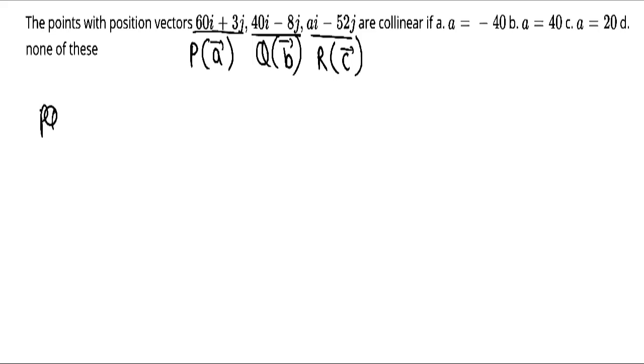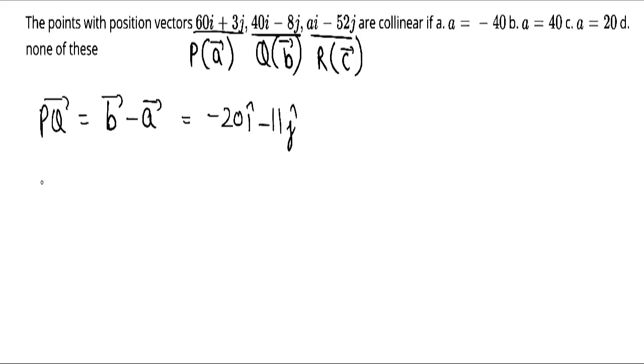So PQ vector will be position vector b minus position vector a, that is position vector of point Q minus position vector of point P. So this will be equal to 40 i cap minus 60 i cap, that will be minus 20 i cap, minus 8 j cap minus 3 j cap, so this will be minus 11 j cap.